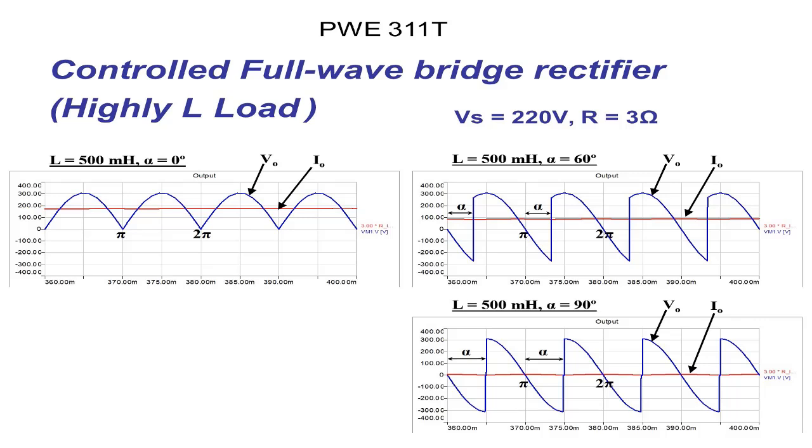But immediately you change the firing angle, let's say to 60, because of the inductance, this is now how the signal will look. There's going to be a part of the voltage that goes to the negative side, and you can see the current is ripple free, just like a straight line. The same thing when the angle is 90 degrees.